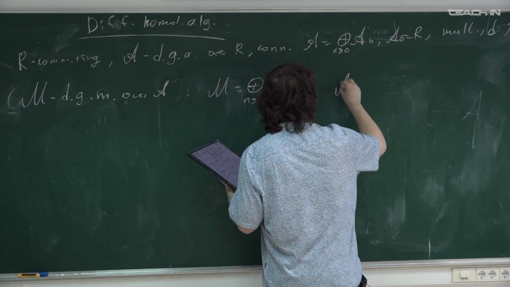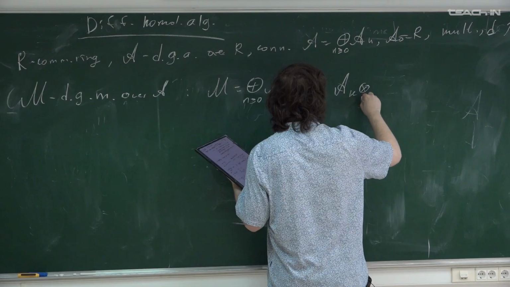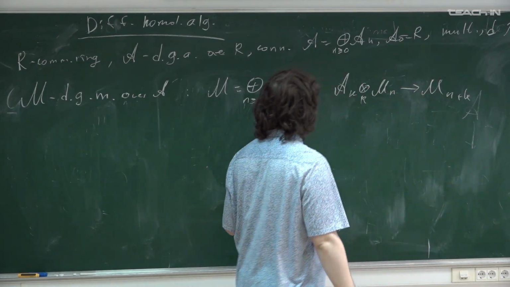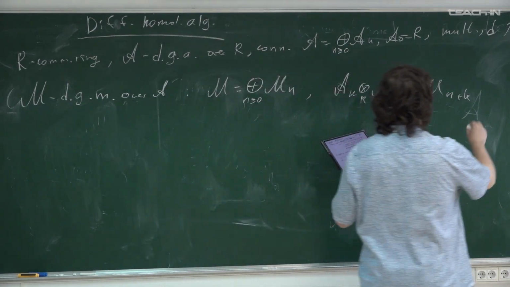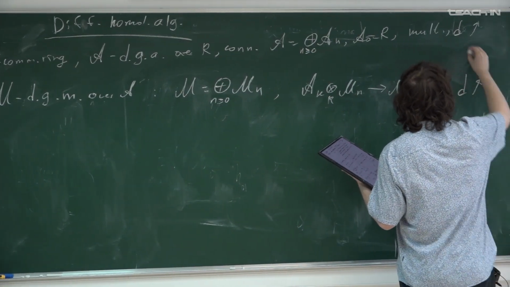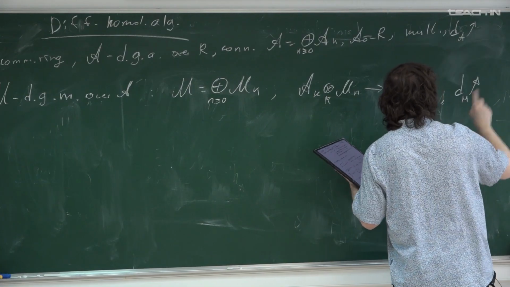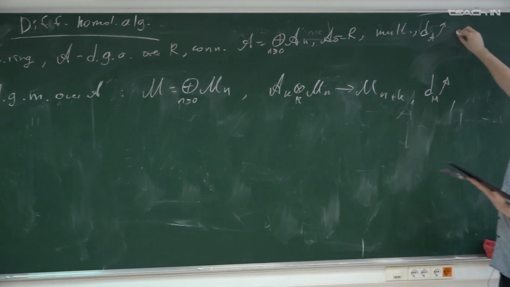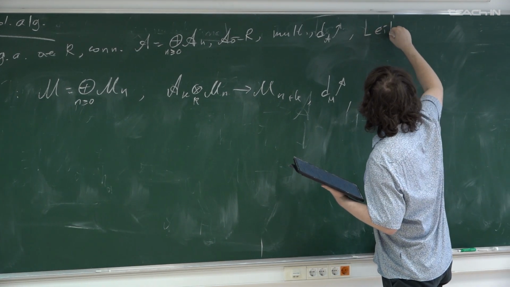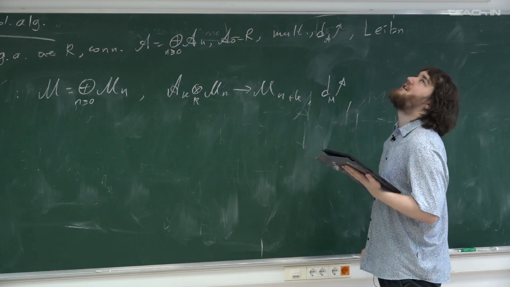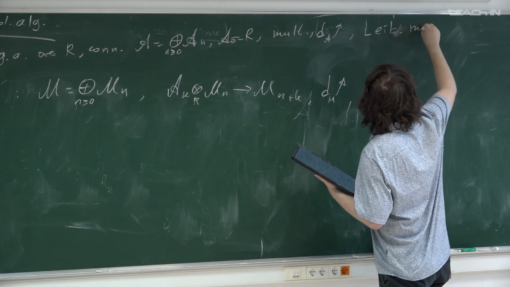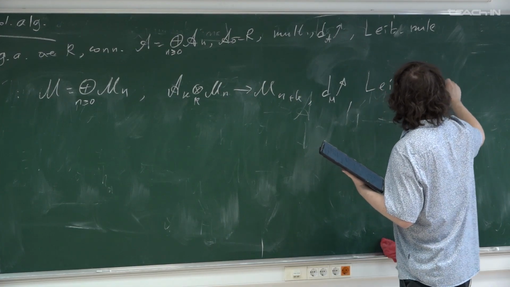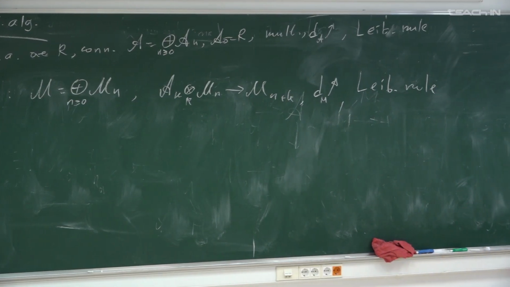I have multiplication by elements of A, and I also have a differential on M, increasing degree, and of course the graded Leibniz rule, both here and here.